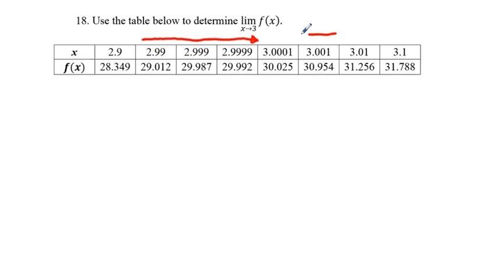And from the right side, we're going down to 30. So it looks like our best guess would be that our limit would be 30 from the left and the right side, which happen to equal each other, so the limit would exist and therefore be 30. That's the best estimate we have.